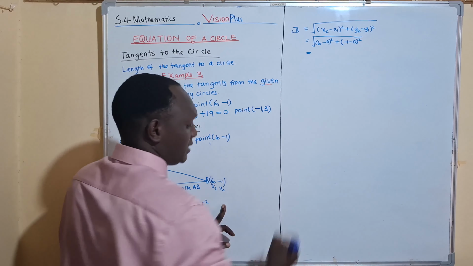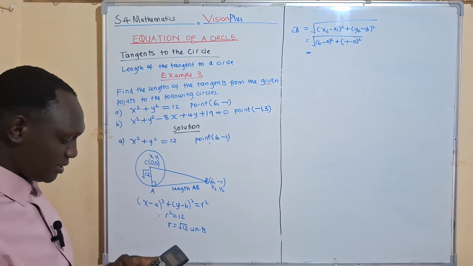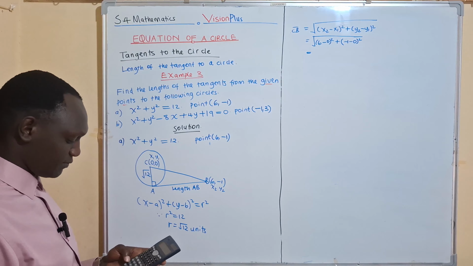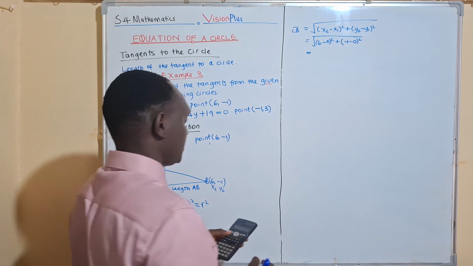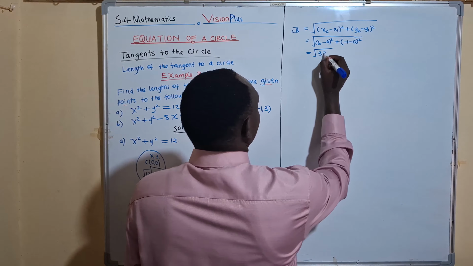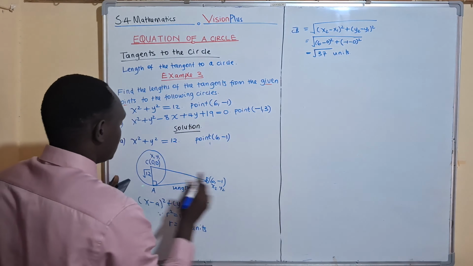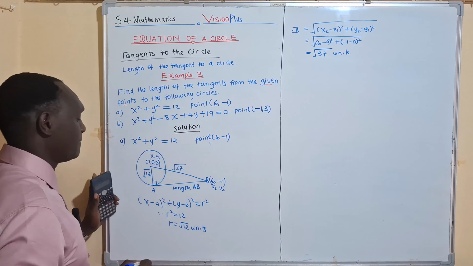Then you press the calculator: 6 minus 0 squared plus -1 minus 0 squared gives 37. So the length CB is root of 37 units.